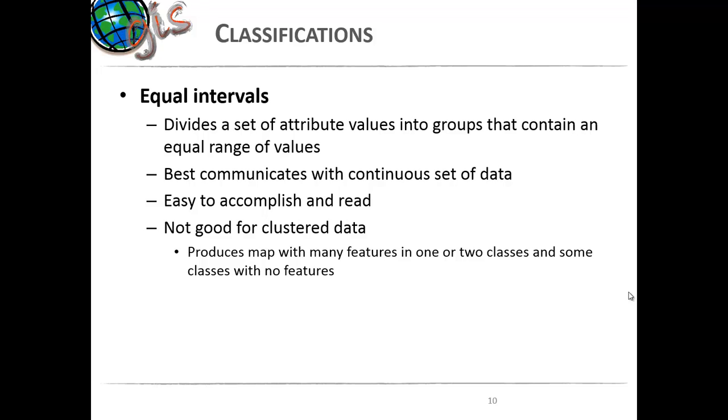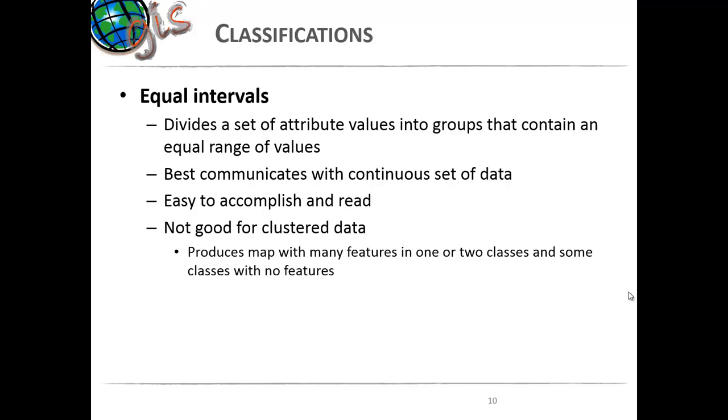So again, this is what you need to decide when you are doing classifications: is my data clustered? Is my data equally distributed? You need to read the data and make sure you are using the best classification system possible. One way would be to play around with the classification system, maybe look at a histogram of the data and so on, to get the best classification system.